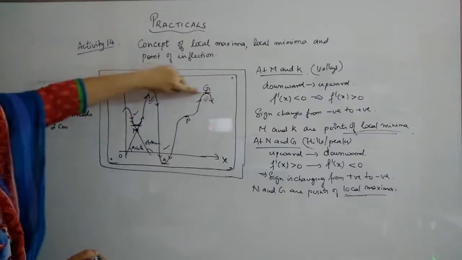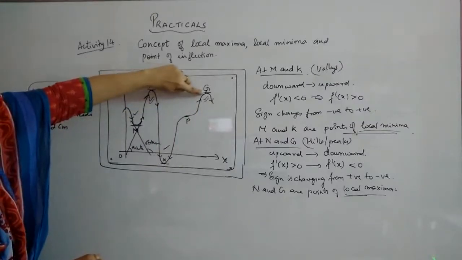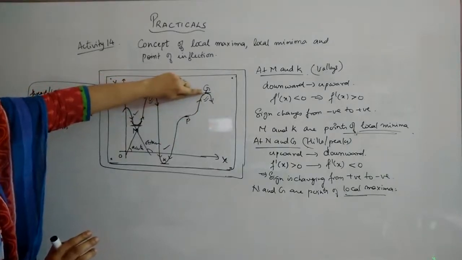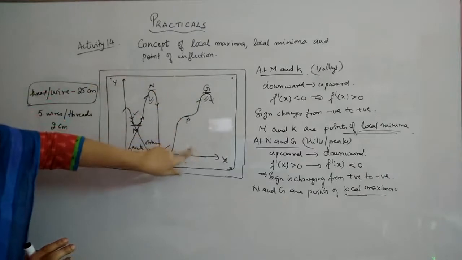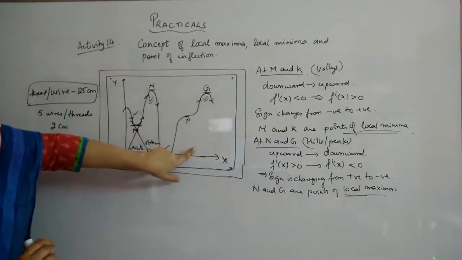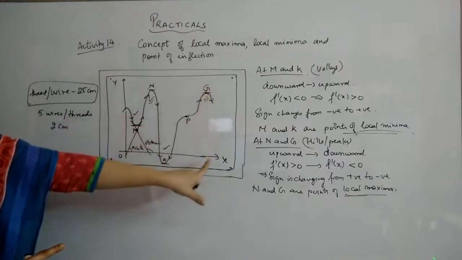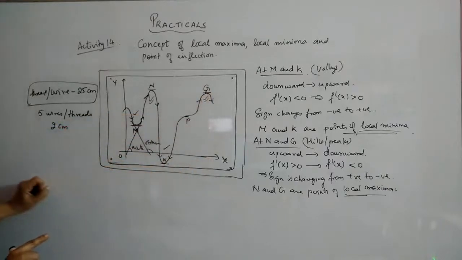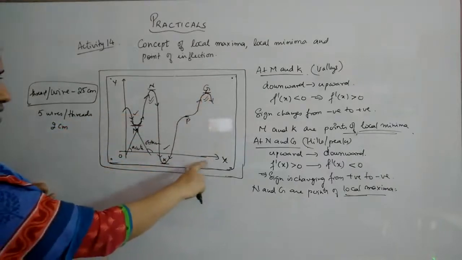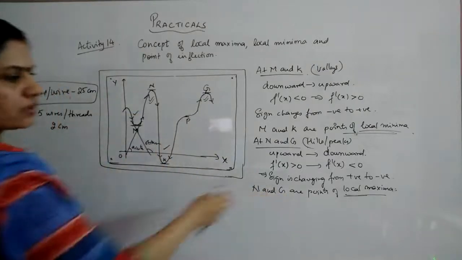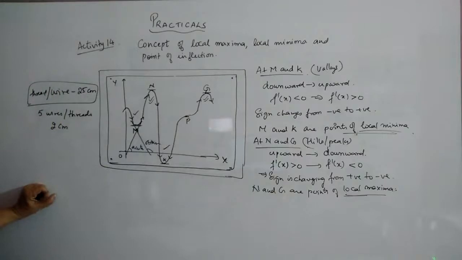But you can see that at this point it makes an acute angle, so tan theta will be positive. And to the right side it makes an obtuse angle with the x-axis. So from acute to obtuse means positive to negative. That's why it is known as the point of local maxima.